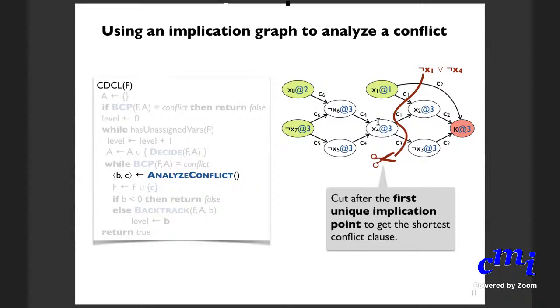Based on that experience, most of them add only one conflict clause, which is the shortest, that is closest. An asserting clause that is the shortest, which means closest to the conflict. Some of them do use the strategy of adding all ones that have unique implication points.